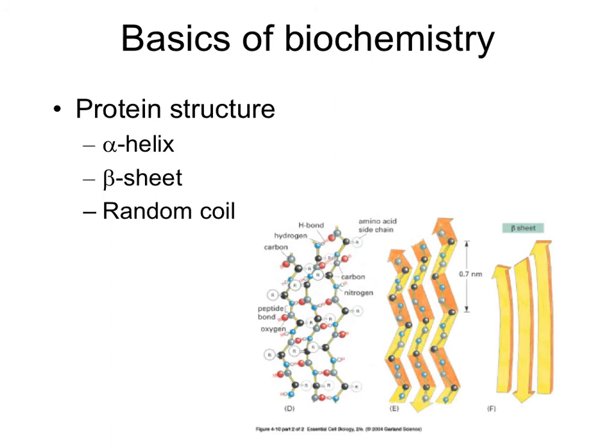The second major structure, and the only other one that we'll discuss, is the beta sheet. The beta sheet is a long chain of amino acids that goes one way, and then it comes back this way, and then comes back again. And so you can have beta sheets that alternate, so up and then down and then up. You can have them where they're parallel, but the way they're drawn in the protein is like this.